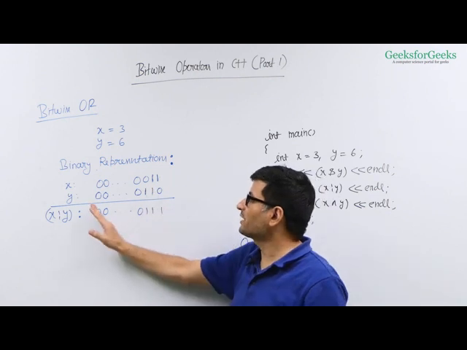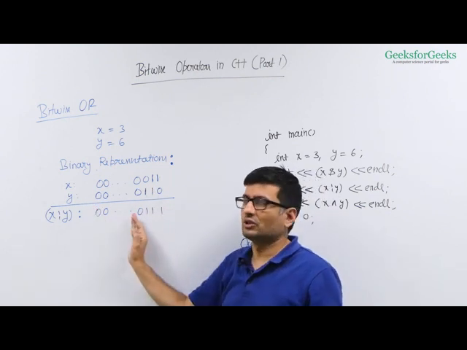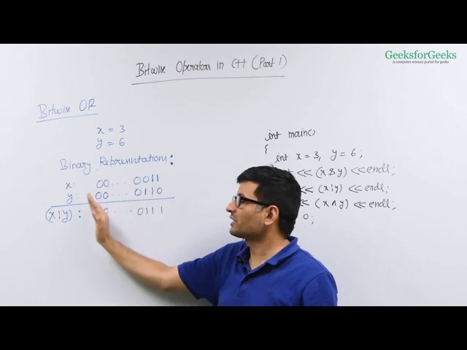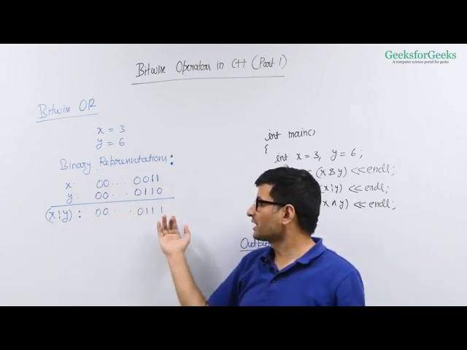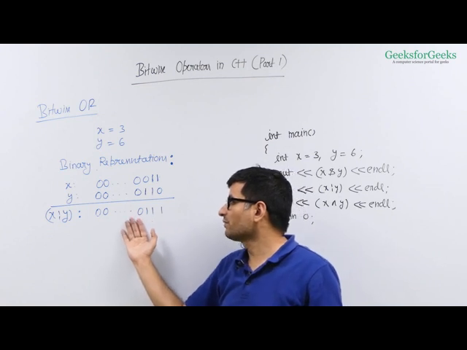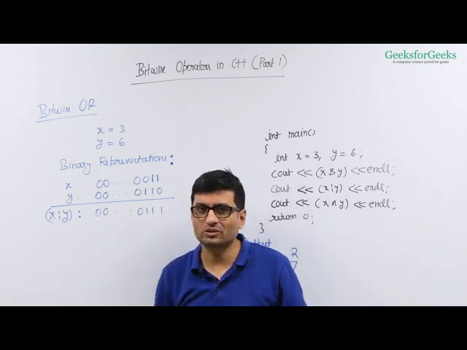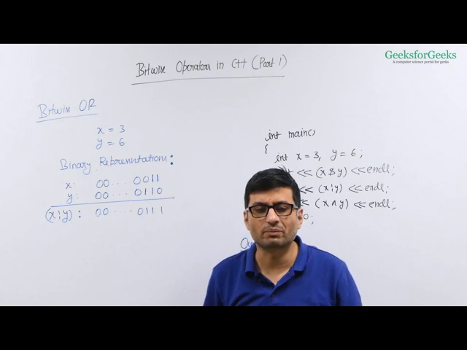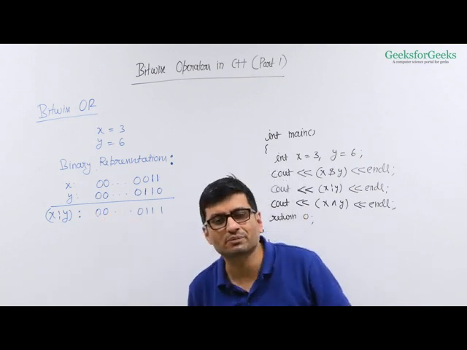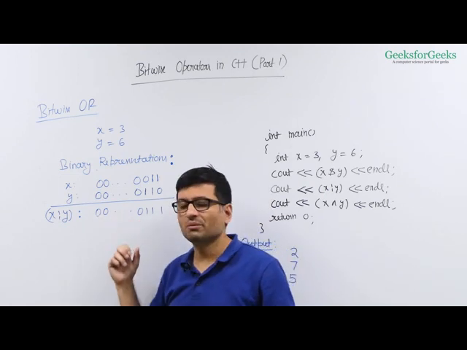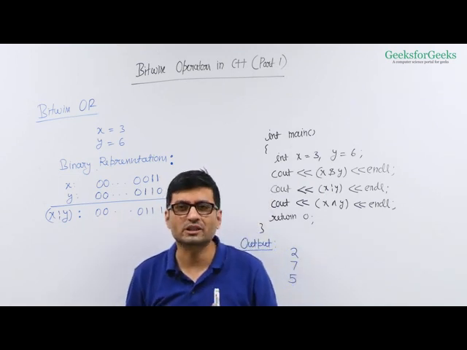For the remaining bits, it's all going to be 0 because all the leading bits are 0. So our output is going to be a number which has the last 3 bits as 1 and the remaining leading bits as 0. If it is a 32-bit representation, then these are 29 zeros. If it's a 64-bit representation, these are 61 zeros. But these are all zeros. Only the last 3 bits are set.